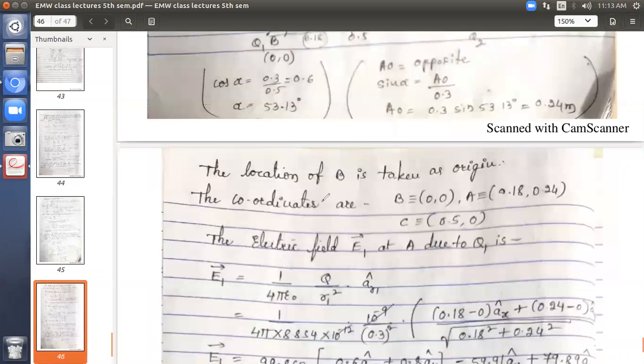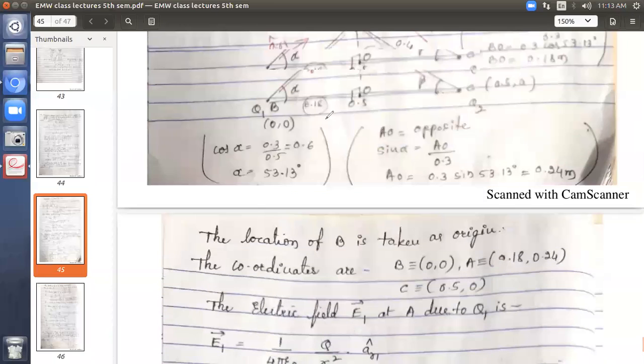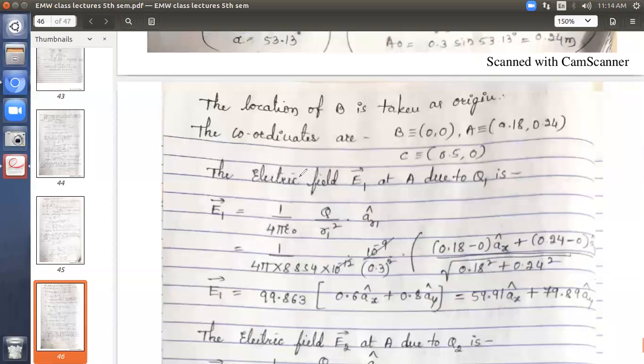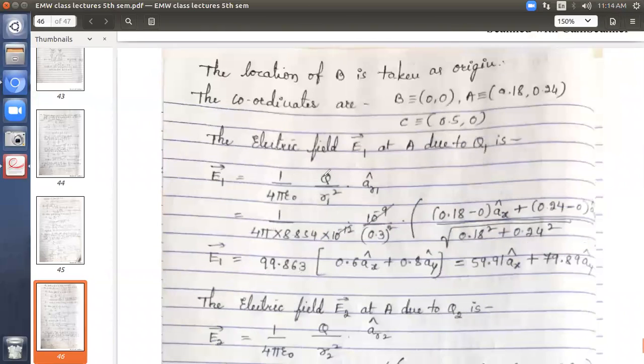Now, we have the location of B at the origin, and we have found these. Then let's calculate the electric field intensity. One is this, find E1, similarly find E2. The electric field intensity E1 is 1 by 4 pi epsilon naught, charge Q1 divided by R1 square, into the unit vector.